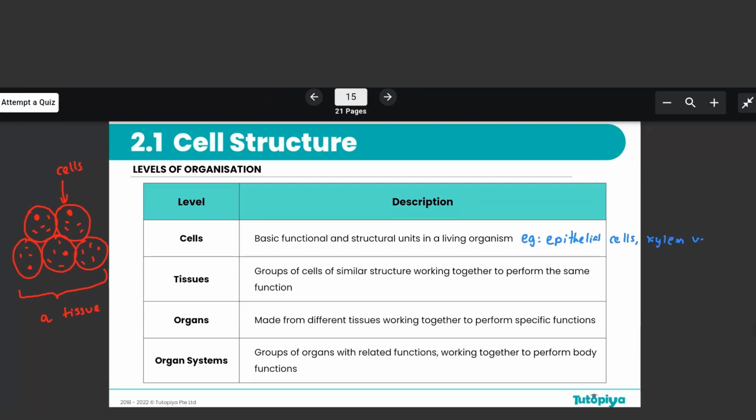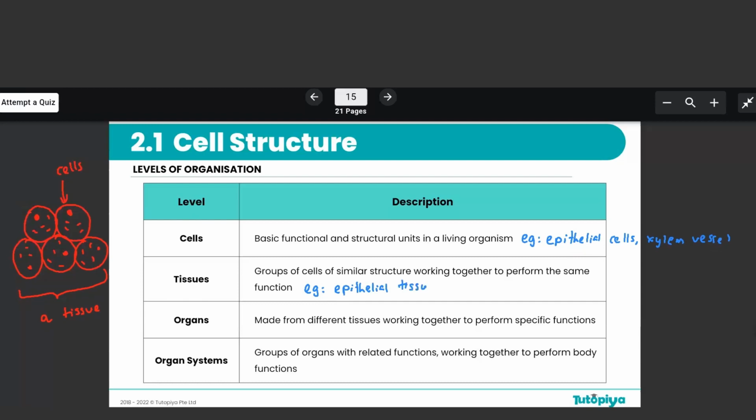So one individual cell such as an epithelial cell or a xylem vessel is what we call a cell, when there is just one of it. And sometimes you see these epithelial cells grouping up together. In that case, a group of epithelial cells would make up a tissue, and we call this the epithelial tissue.